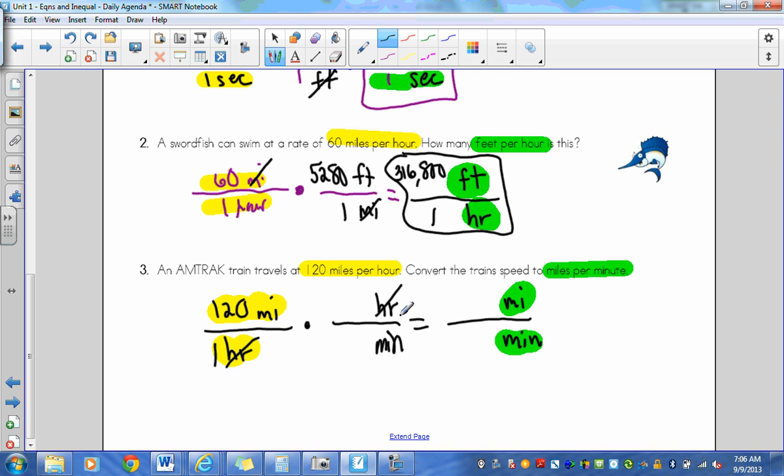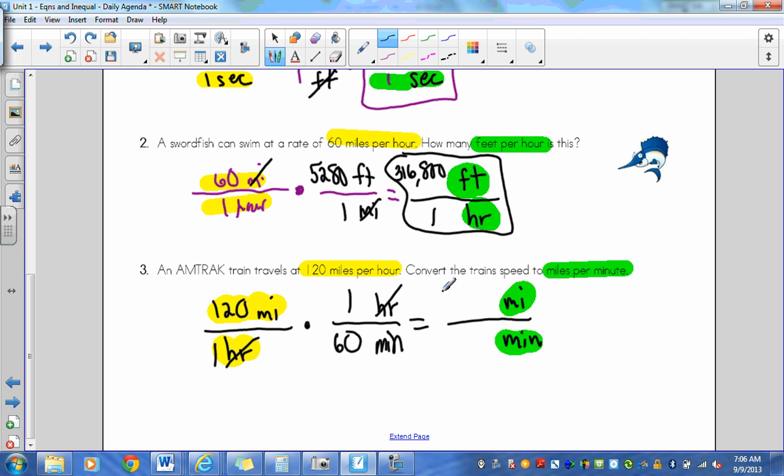Do not put two different kinds of units for your unit rate. For example, you can't put in that second fraction hours and miles, because hours and miles are totally different kinds of rates. Hours is time, miles is distance. You want a unit rate for that second fraction where it equals 1, so you have to have it be the same kind of unit, time or distance, and make sure it's consistent. You know that 1 hour is equal to 60 minutes, so that's your unit rate there.